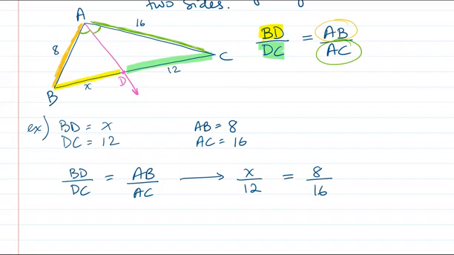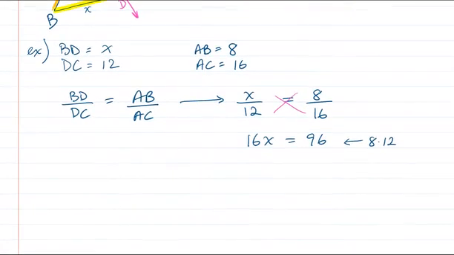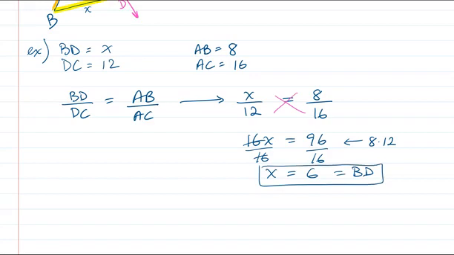We could simply cross multiply, so you would get 16X equals 96, and 96 comes from 8 times 12. Solve for X by dividing both sides by 16, and X is 6. So that means BD is 6. All right, so that's one way.